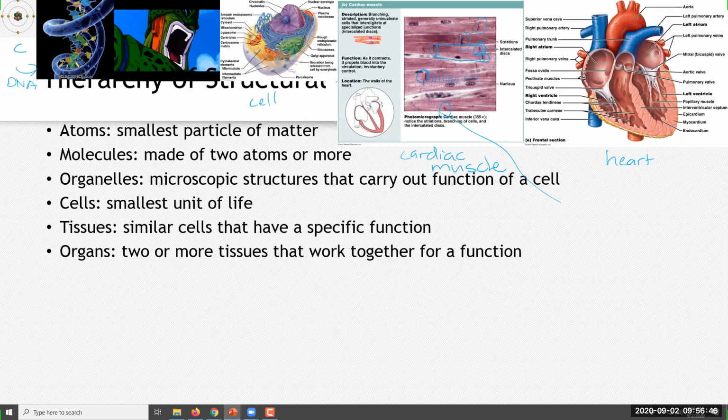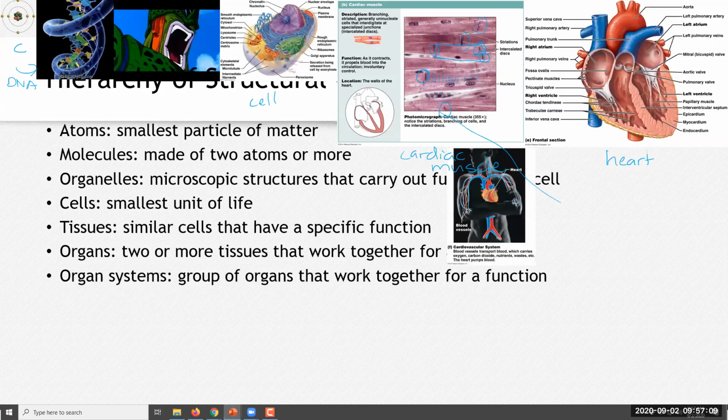Anybody know what the organ system is called regarding the heart, the blood vessels and blood? Cardiac system? Yeah, almost. You have the cardiac part, you're absolutely right, because it's the heart. It's the vascular part that we're missing, because that contains the blood vessels too. So for the organ system, we'll have both the heart and the blood vessels.